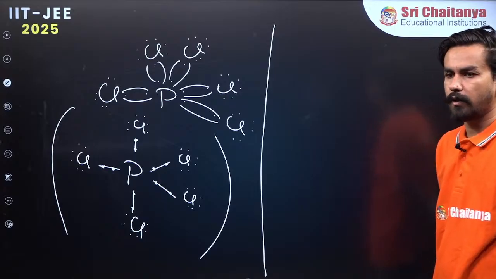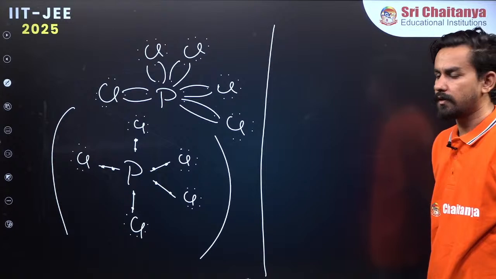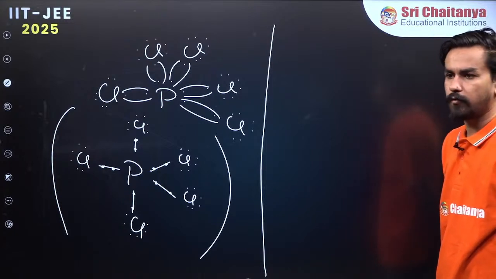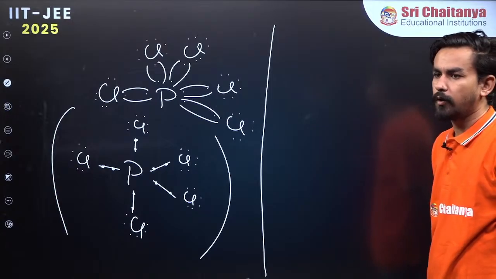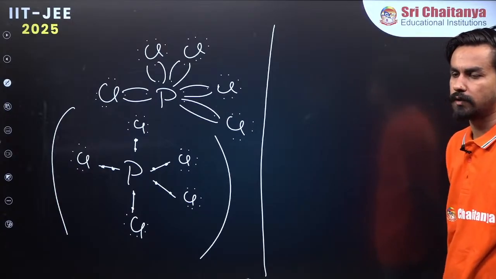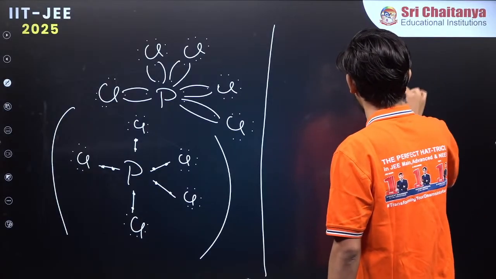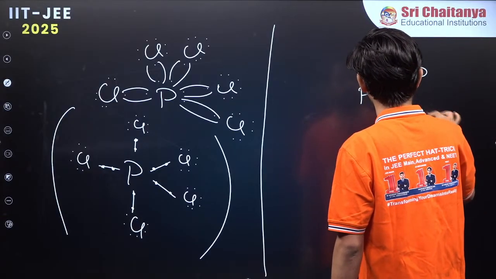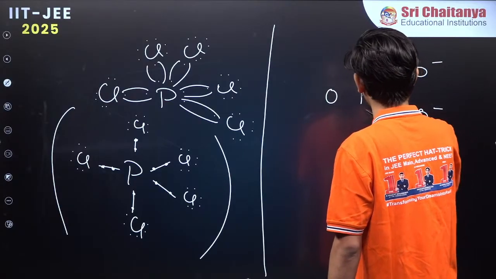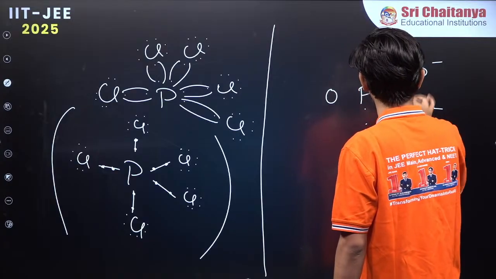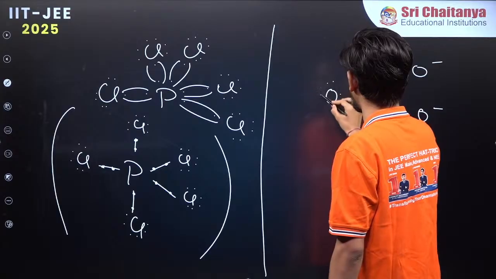Anybody has any kind of doubt till here? PCl5 is obviously stable. PO4 3 minus you can very easily draw: 3 oxygens will carry a minus, 1 extra electron each, and the rest you can draw on your own.